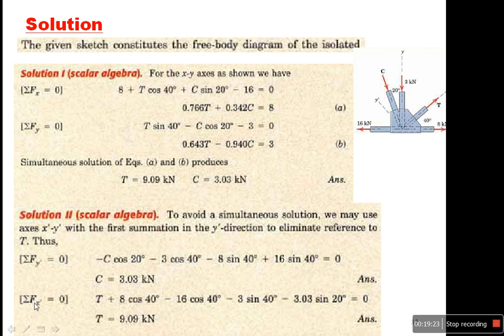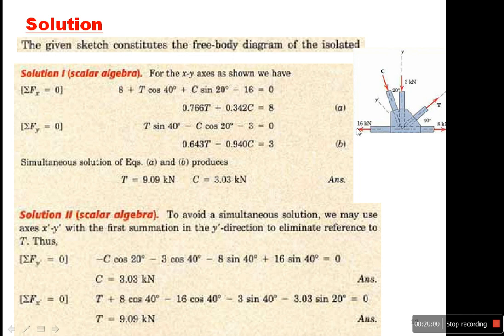Now the summation of all forces in the x dash is equal to 0. First of all, T, in this direction, a plus. Now I have 8 cosine 40 in the same direction of x dash, minus 16 cosine 40, or sine 50, because now this angle is equal to 40 and this angle is equal to 50.